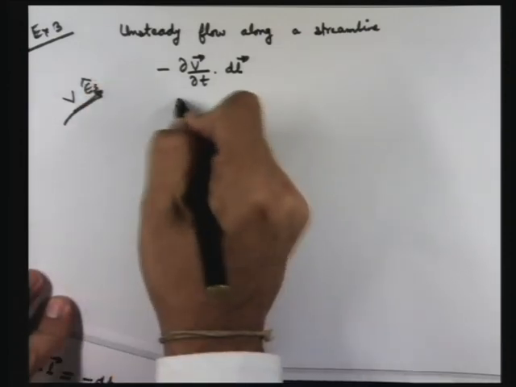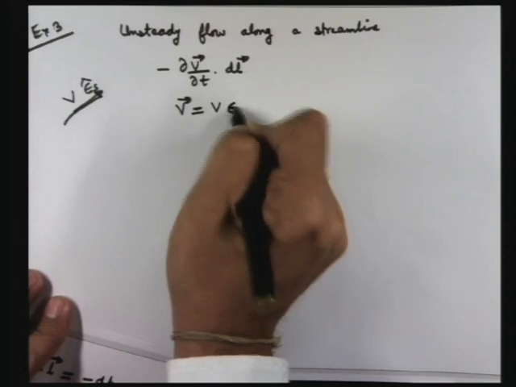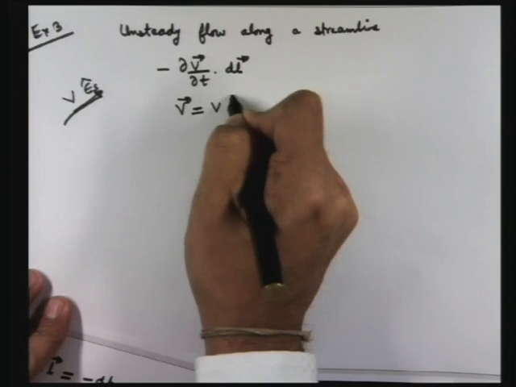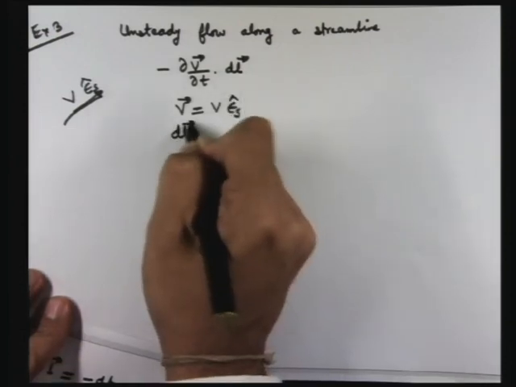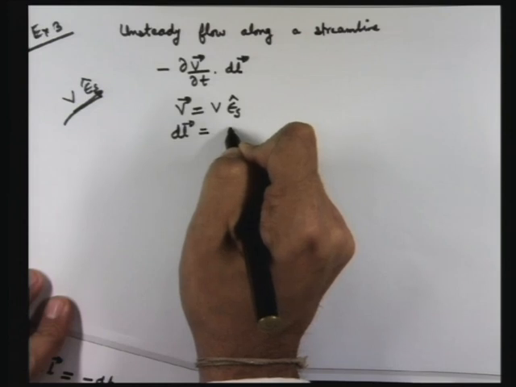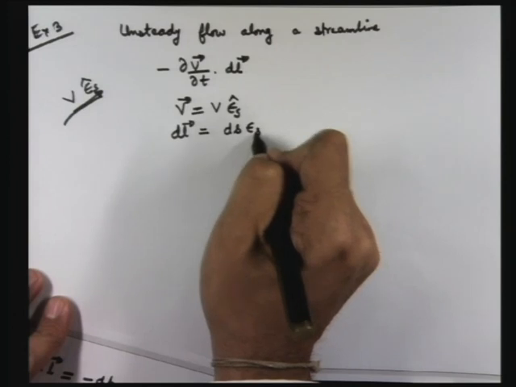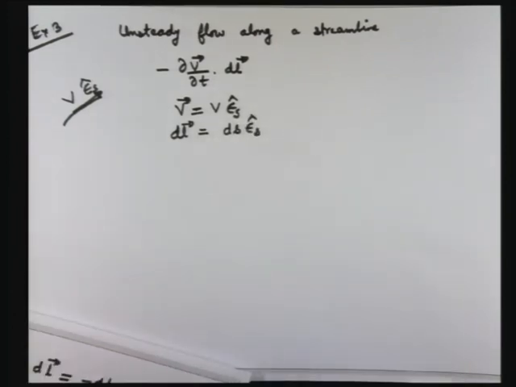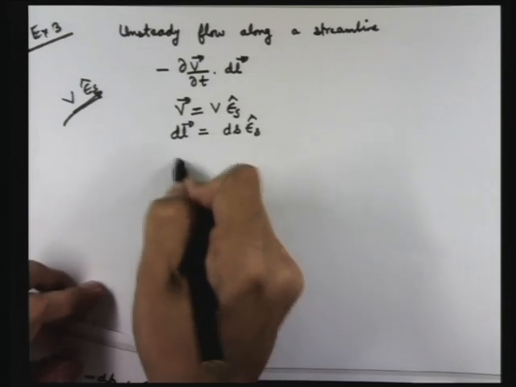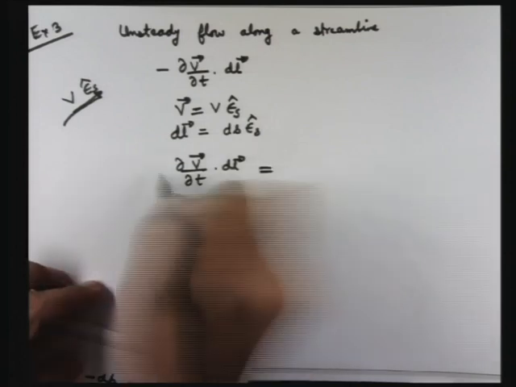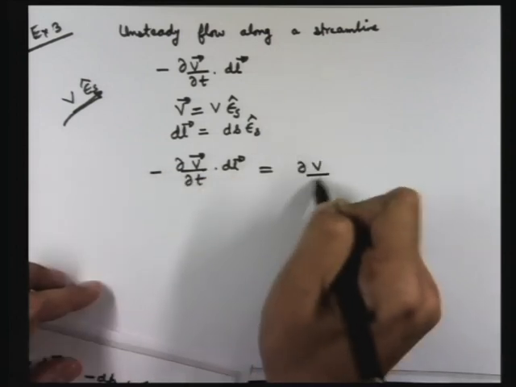So we can write V is equal to V epsilon s, and dl is this one, where ds is the elemental length along the streamline. Now everything is along the streamline. So del V del T dot dl is equal to minus del V del T ds.